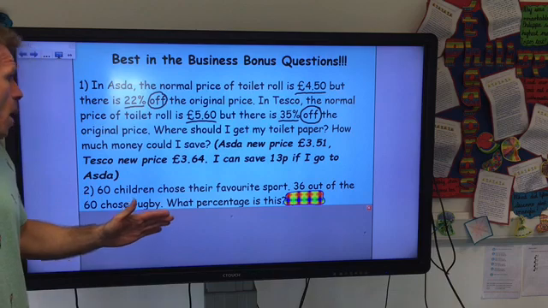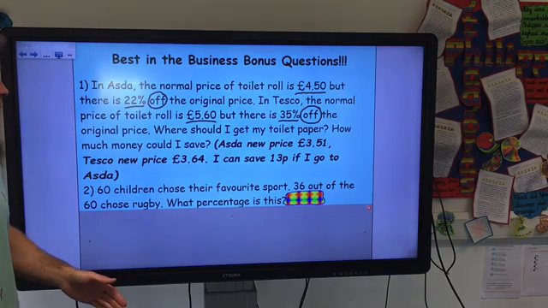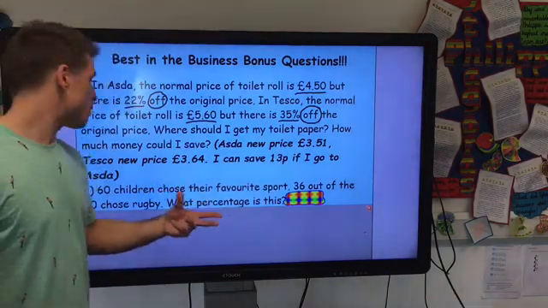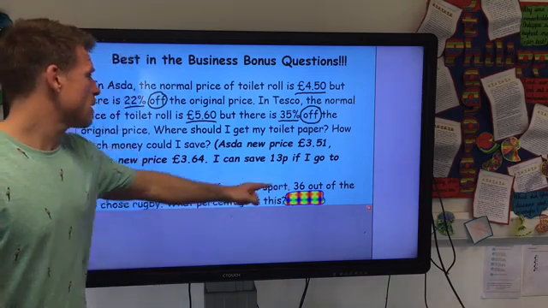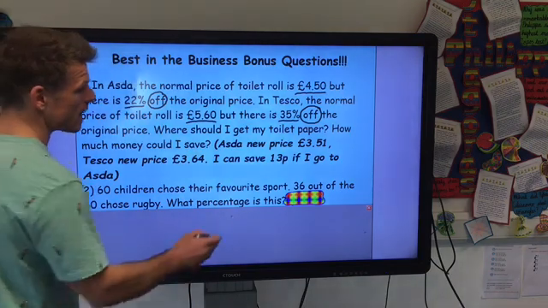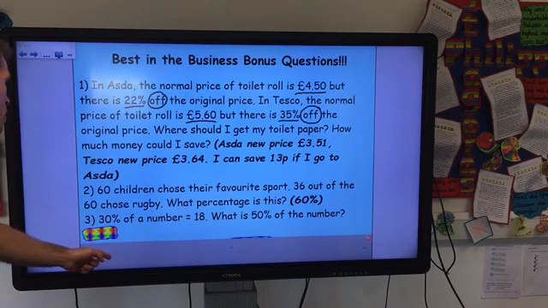But what you could have done is you could have divided it down and worked out that 36 over 60 is the same as 6/10, because you could divide both numbers by 6. And 6/10 is the same as 60%.